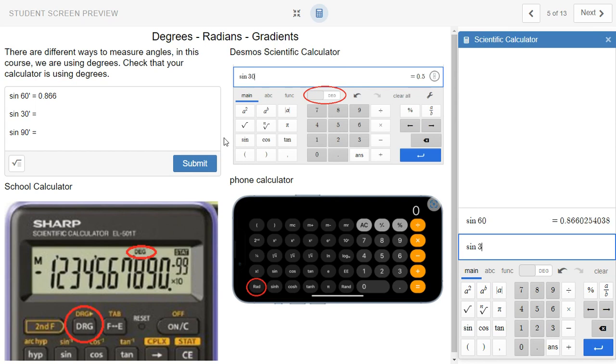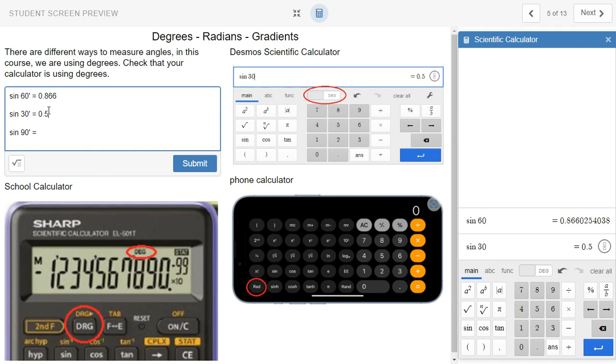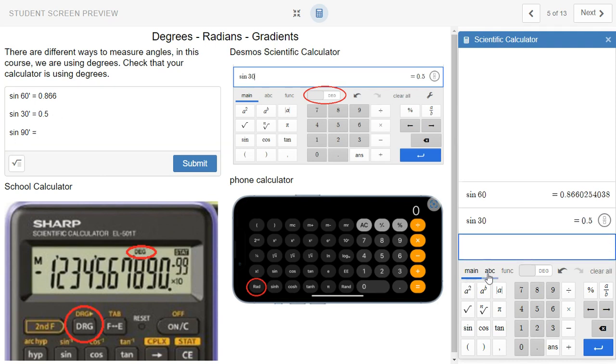For sine 30, I have 0.5. If you're using the Desmos scientific calculator, you can click on this button to convert it into a decimal or into a fraction. Finally, sine 90, you should get 1.